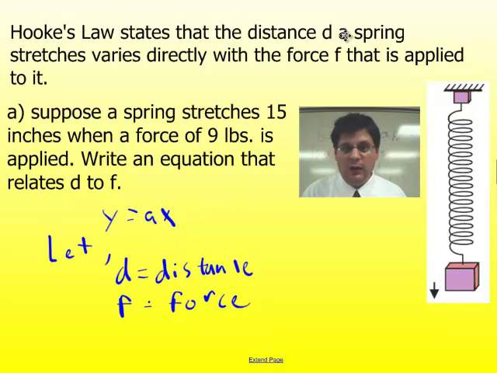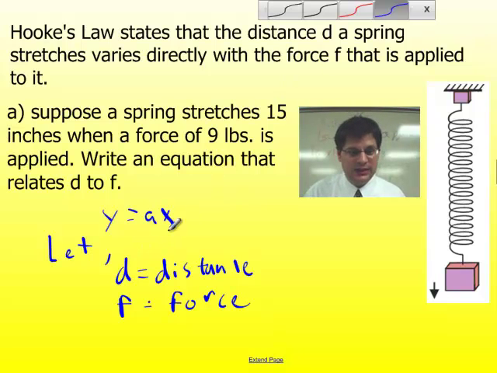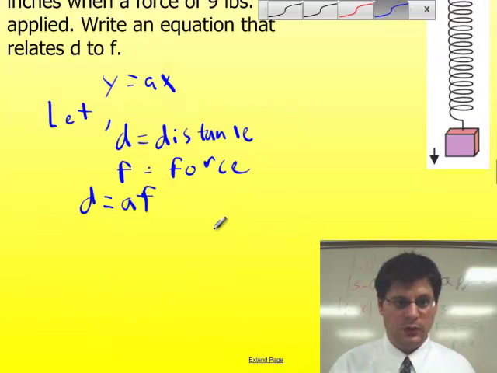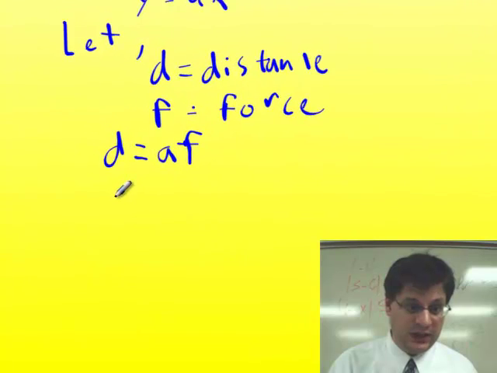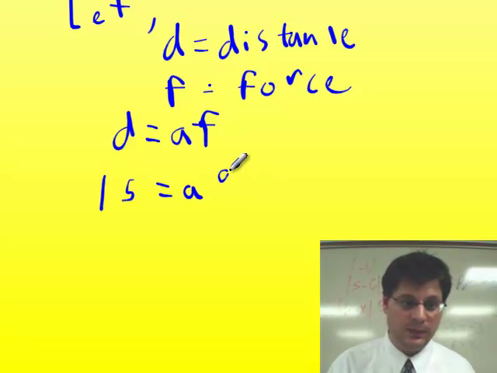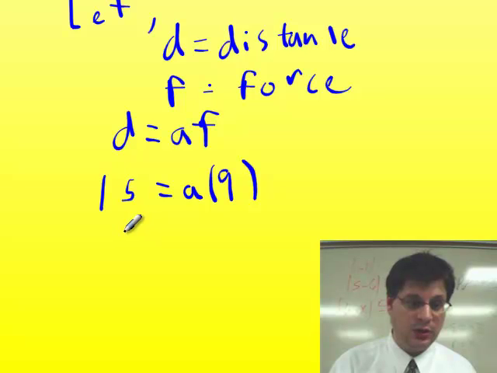So we'll write this as d is equal to aF. The distance is 15. We're looking for the constant of variation, and 9 is the force.